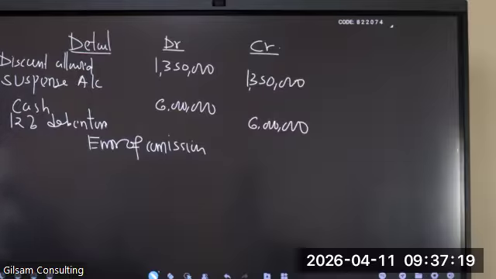Now, any questions? Any questions with those errors? You will not miss a question on errors. That's why I started with errors, because you might not get another time to look at errors.